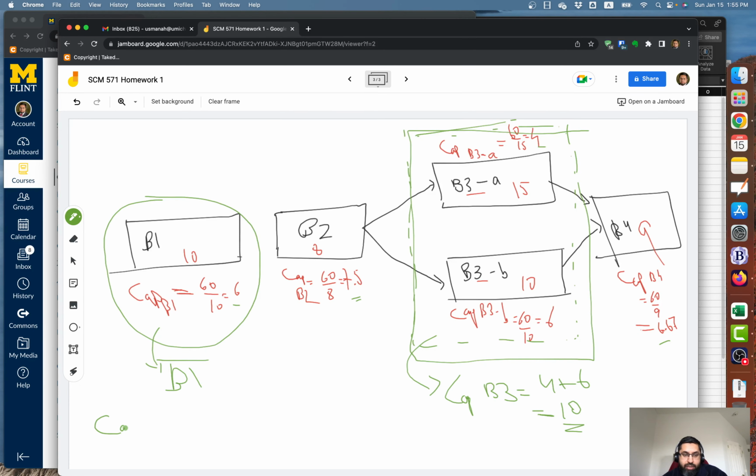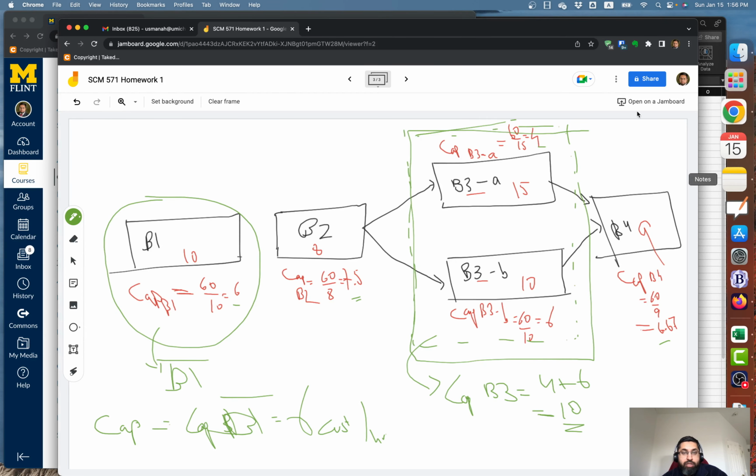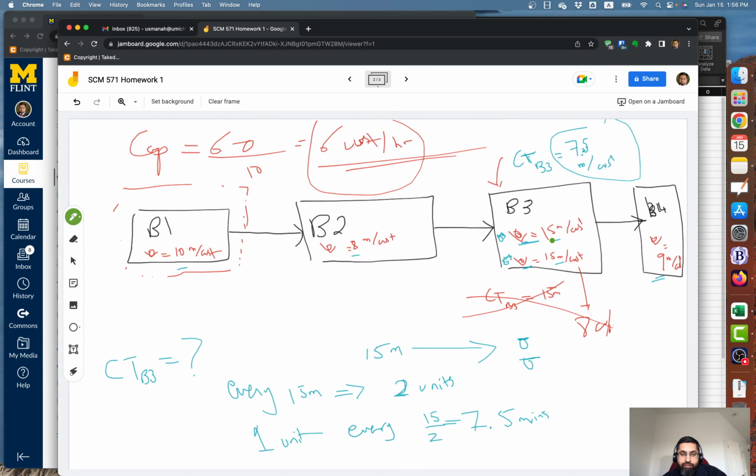So the capacity of the process equals capacity of the bottleneck, and that's going to be 6 customers per hour. Okay, you could use the same logic here. When you have two workers with different cycle times, just find the capacity of worker 1, which is going to be 4 customers per hour.